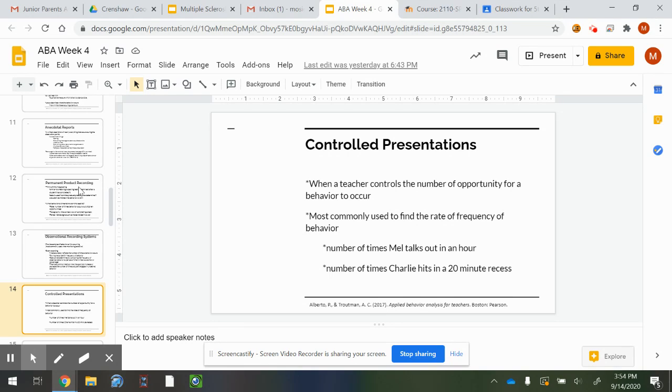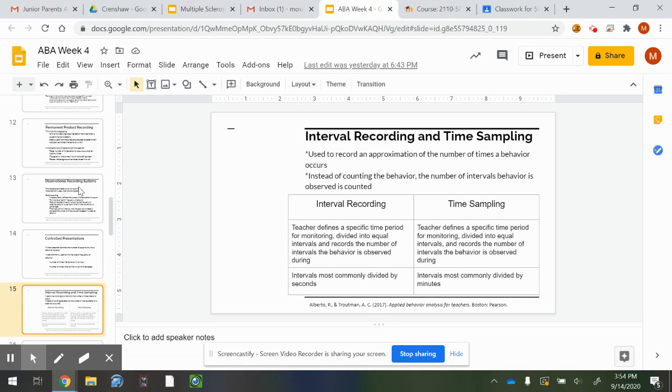There are some great examples of controlled presentation in your book on pages 71 and 72 that you can just look over. Those are some good examples of what controlled presentation looks like.